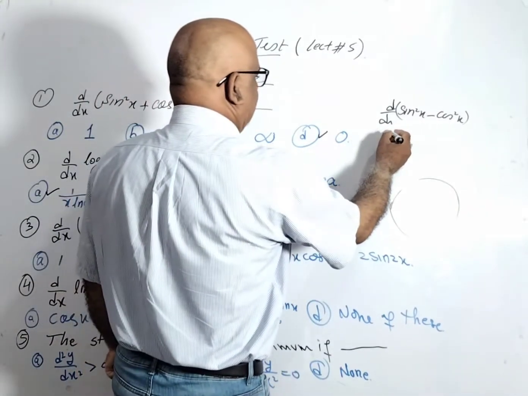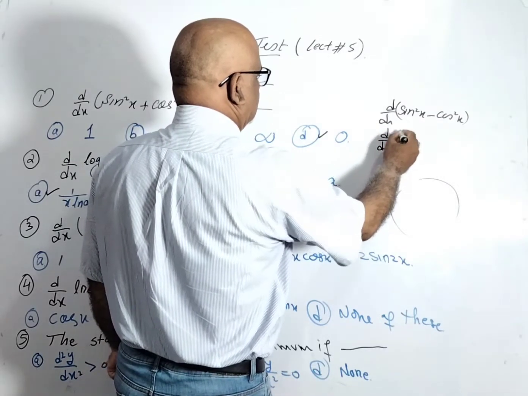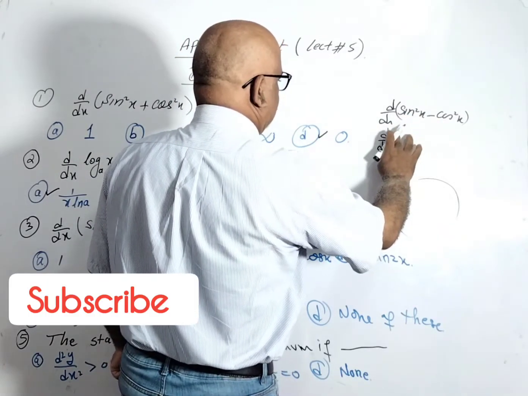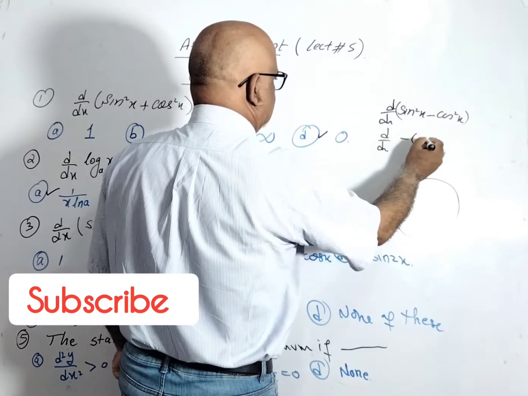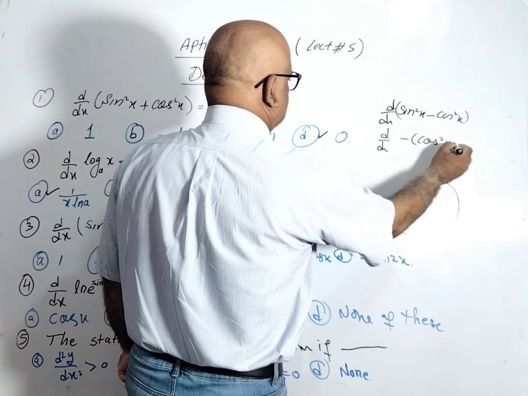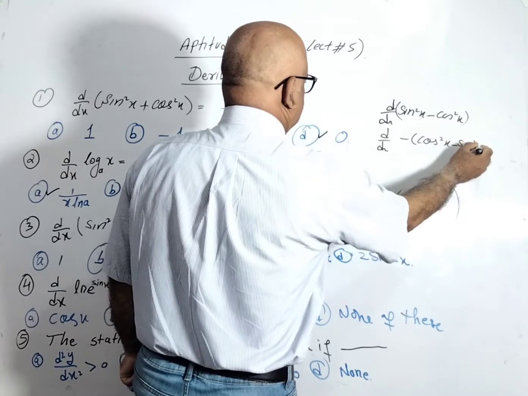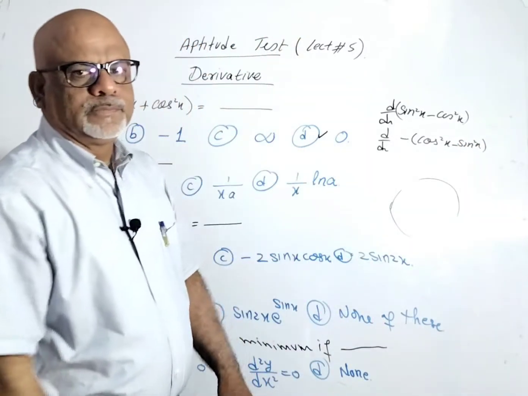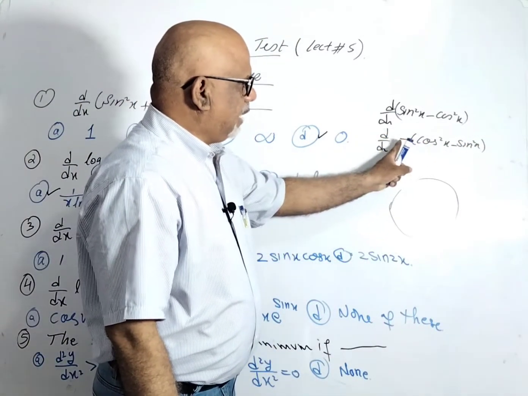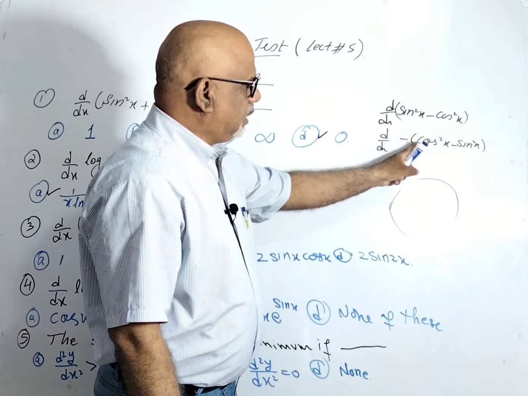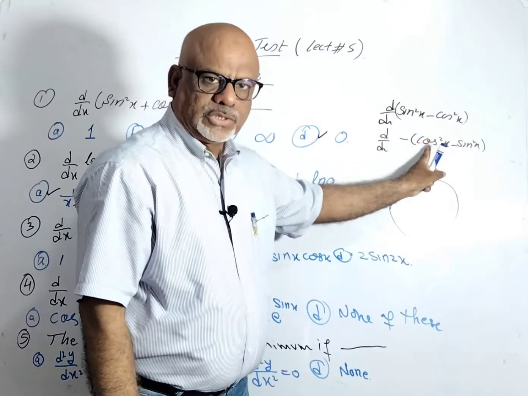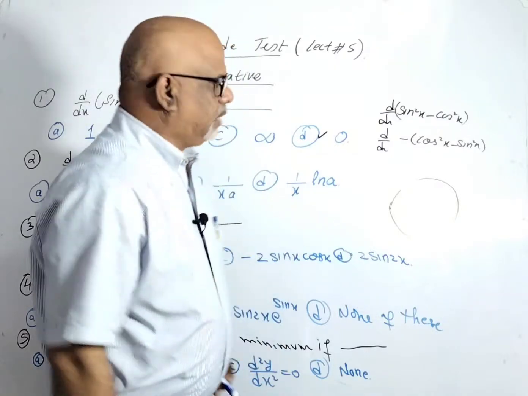So we have a formula here. If we take out the negative sign common, that will be equal to cos square x minus sin square x. We have to take out the negative sign common. Now it becomes the formula cos square x minus sin square x.